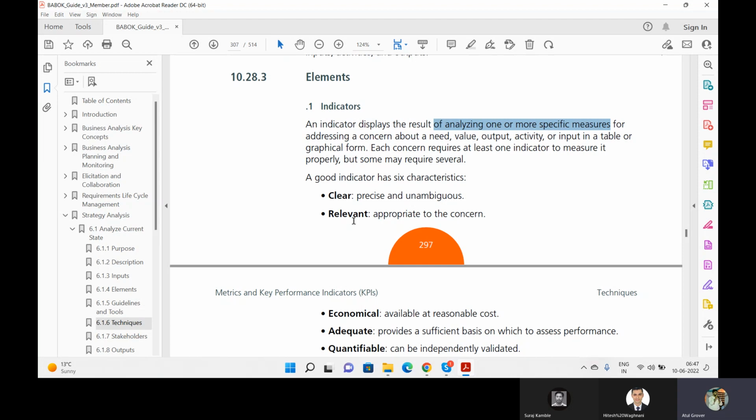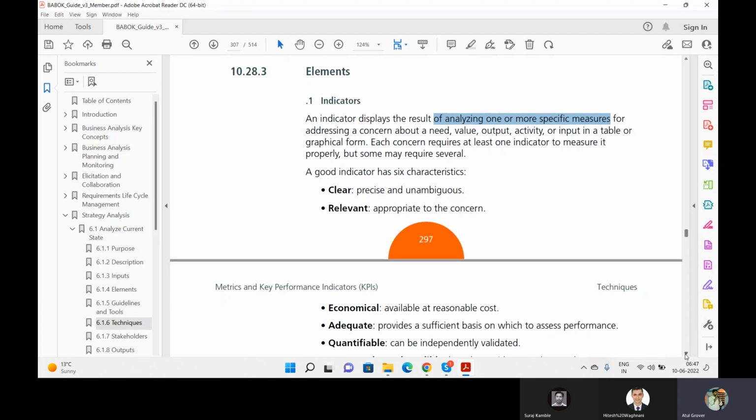It should be relevant, it should be in context. When I say relevant means in context, according to the BSECA model. Context is another part, right? It should be economical. It shouldn't be that you spent lakhs of rupees to measure this and the result was worth only thousands. It should be educate, providing a sufficient basis to assess performance.